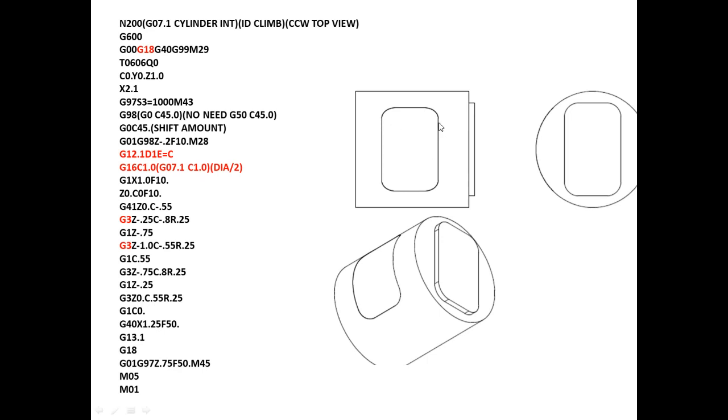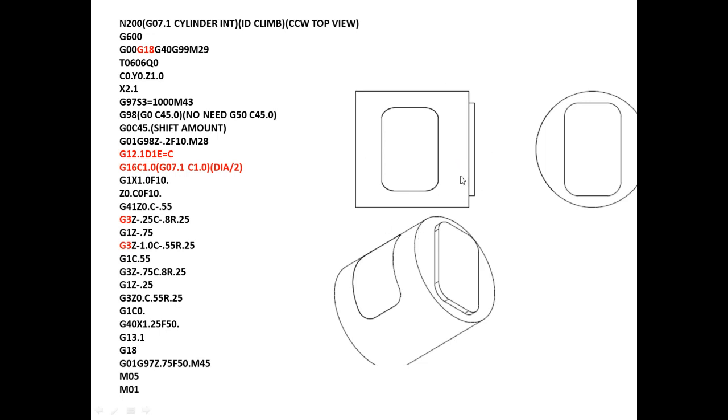Somehow Fanuc control gives the G2. This one, Mitsubishi, is a G3 on this corner. That's one more difference between Mitsubishi and Fanuc control. Other than that, I am pretty much done on this cylindrical.